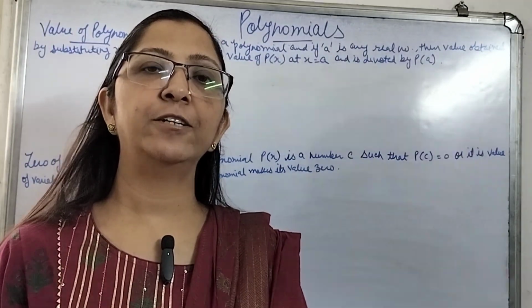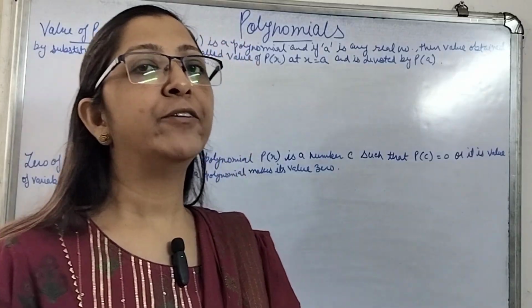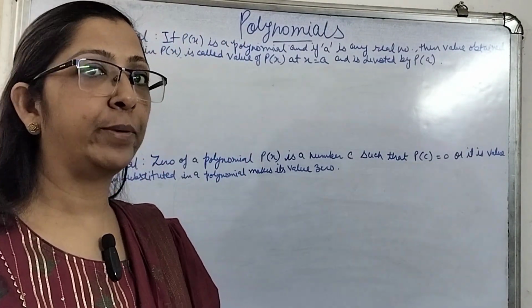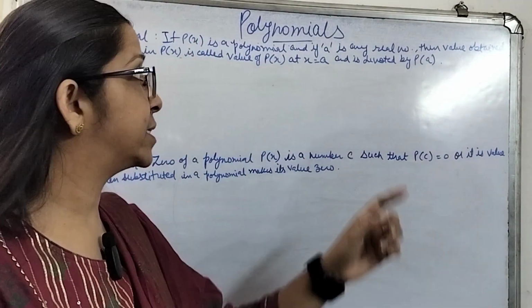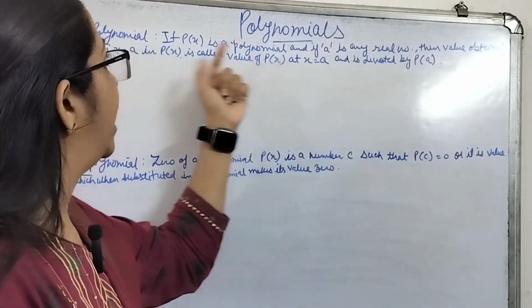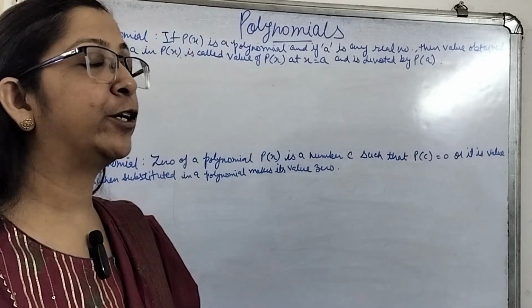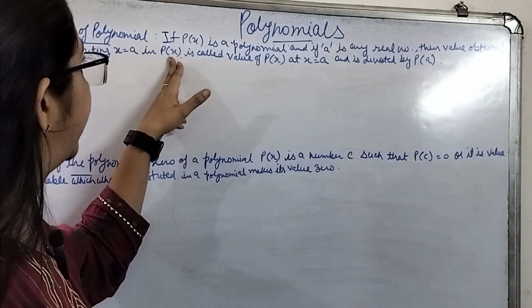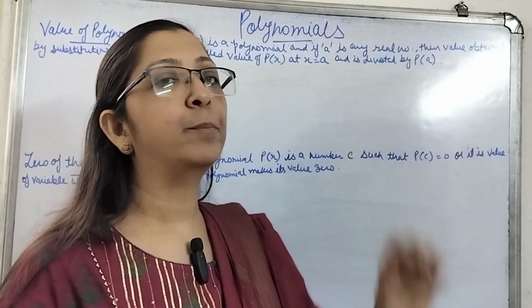Now let's understand what is the value of the polynomial and what is the 0 of the polynomial. If there is any polynomial in terms of x, that is p(x), and if we are going to replace this x by any real number, say we are taking a real number a, whatsoever value of the polynomial we are getting will be known as the value of the polynomial p(x) at x equivalent to a, and it is denoted by p(a).